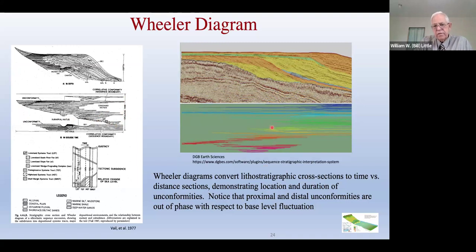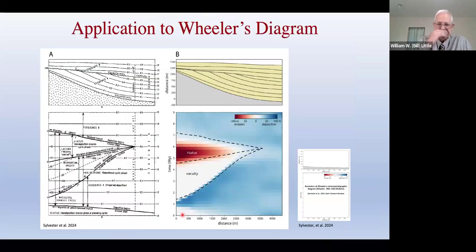And here's another example of this from a seismic section on the right. You can see the large gaps on the left proximally, and on the right distally. Again, Sylvester took the Wheeler diagram and ran it through his computer simulation.